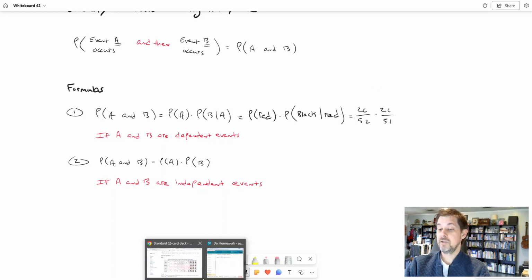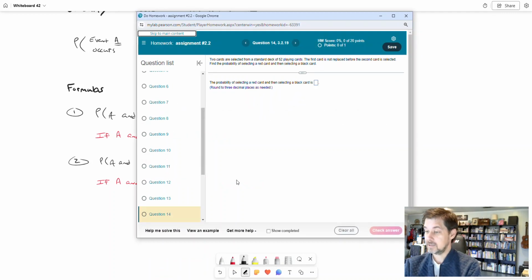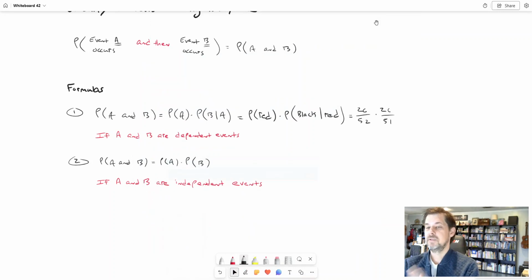I'm going to look and see how I'm supposed to put that answer in. It says round to 3 decimal places as needed. So I'm just going to do this on my calculator. I'll do the fraction 26 over 52 times the fraction 26 over 51, and I'm going to get a decimal, which I'm going to round to 3 decimal places, according to my MyMathLab instructions.